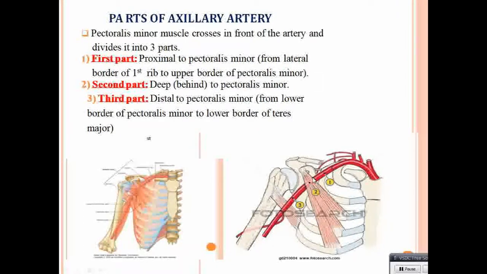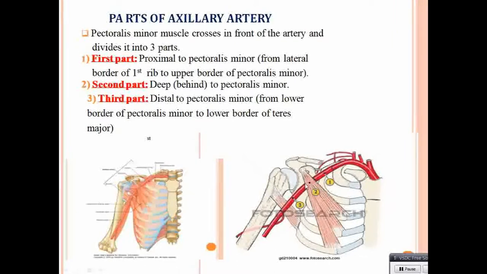So this is the extent of the first part of the axillary artery. The second part lies deep to pectoralis minor, and the third part is distal to pectoralis minor, extending from the lower border of pectoralis minor up to the lower border of teres major.